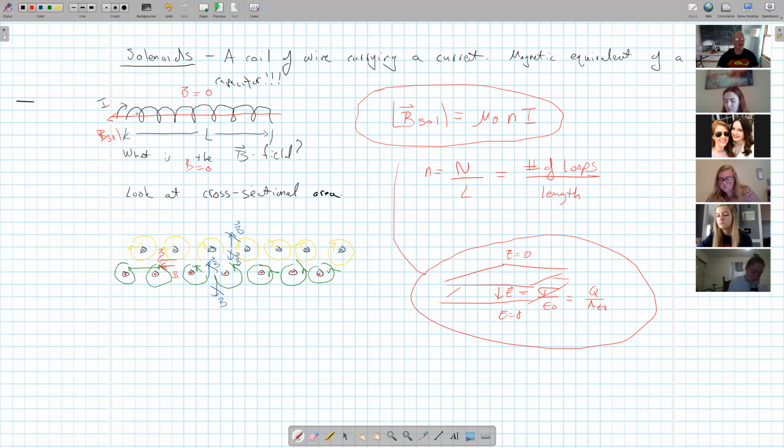The only place the field exists is inside the solenoid itself. It points along the axis of the coils and has a constant value of mu naught times n times I. So this is what we call a solenoid.